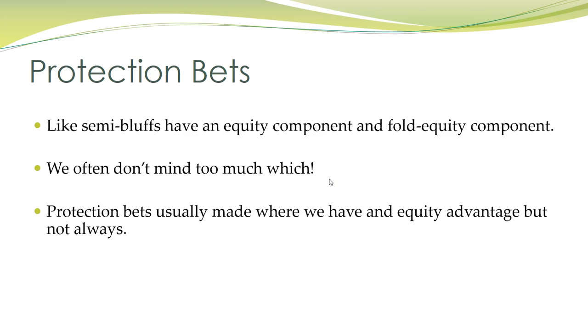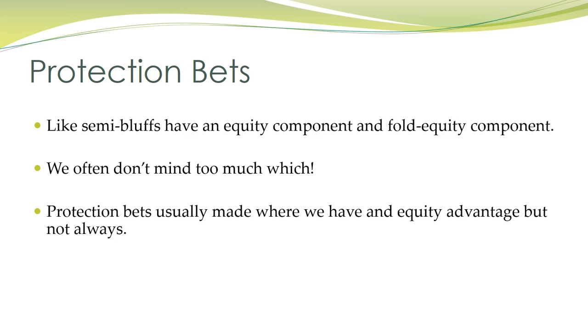Now as a rough guide, we're generally going to make a protection bet in situations where we think we have the best equity. When we think about the equity component of a protection bet, in a sense there are two equity components. There is the equity component before we bet, and there is the equity component after we bet and get called. In most cases, we're not going to be making protection bets in a situation where we expect our hand to be an underdog.